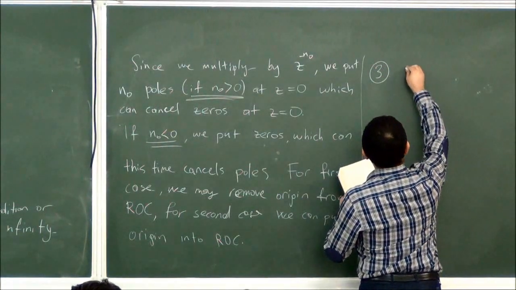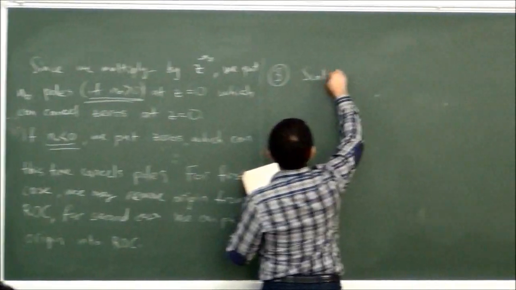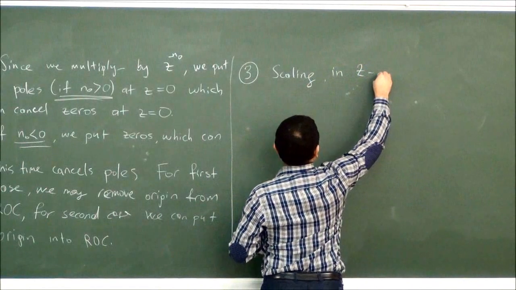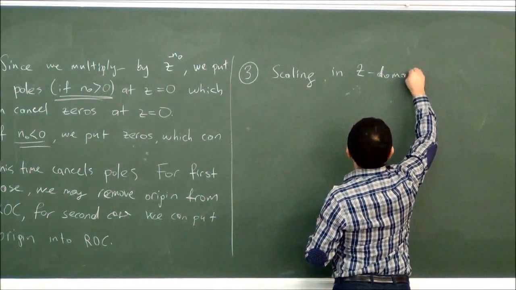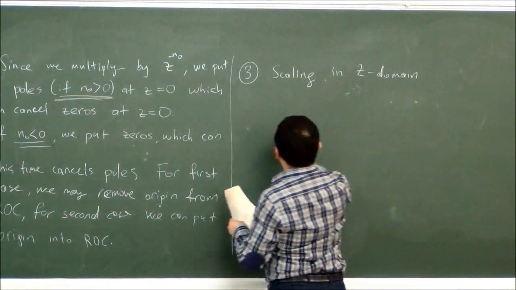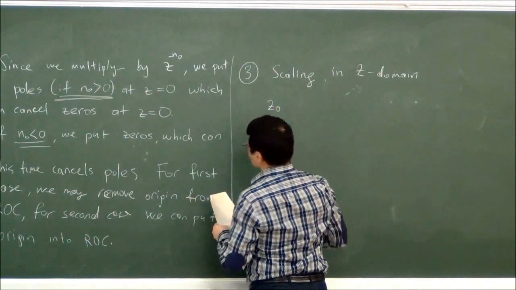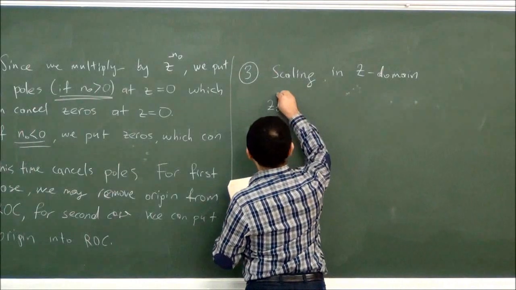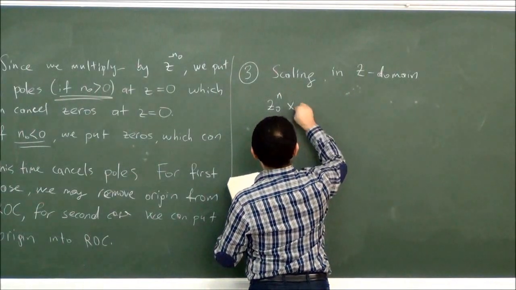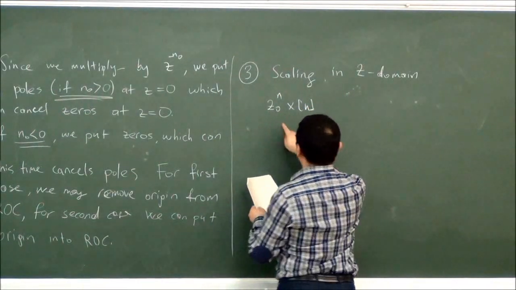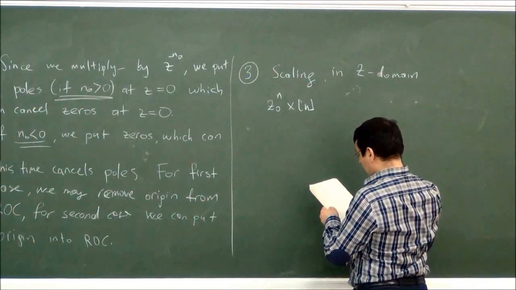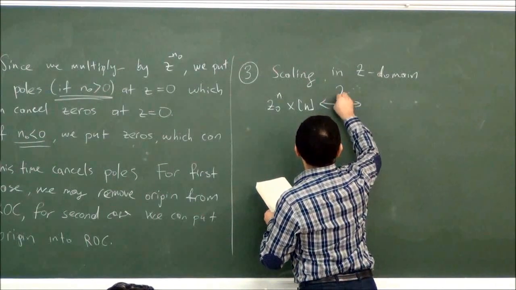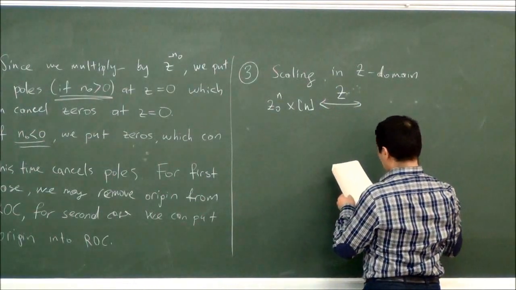So the third property is scaling in z domain. This is like the time shift property, but in this case you multiply x[n] with z0^n. What about the z transform of this?